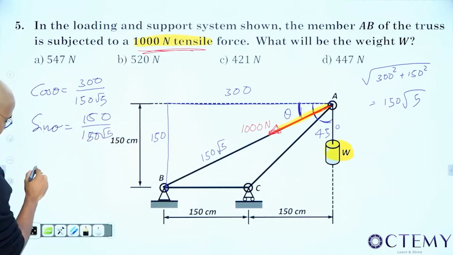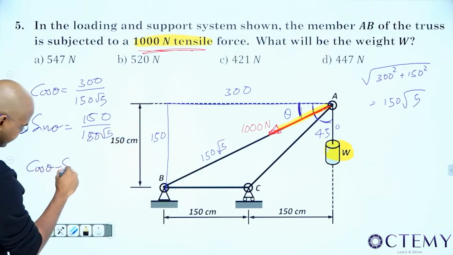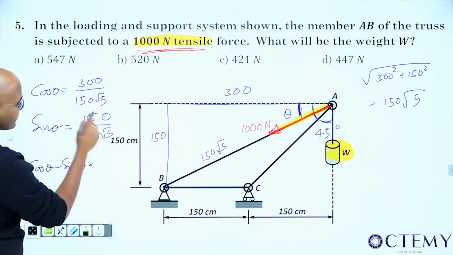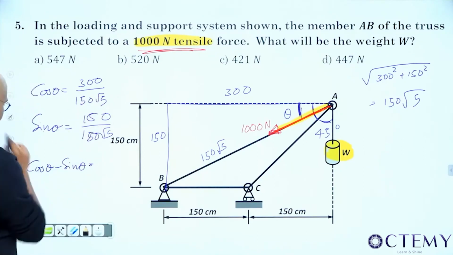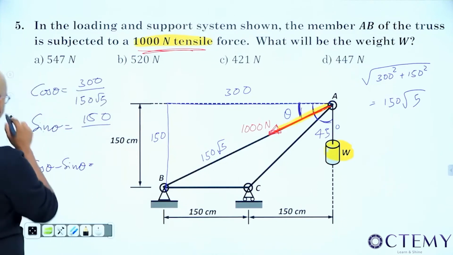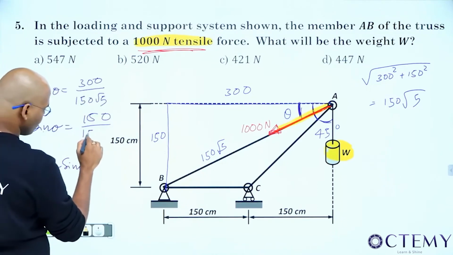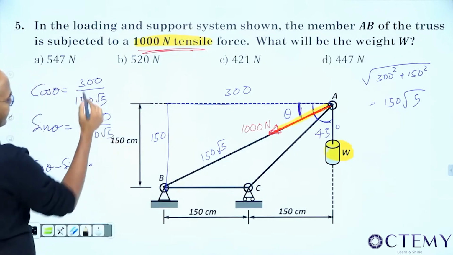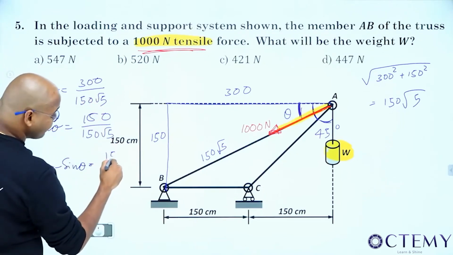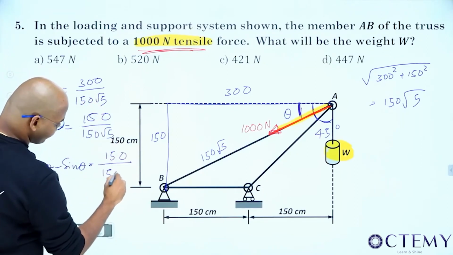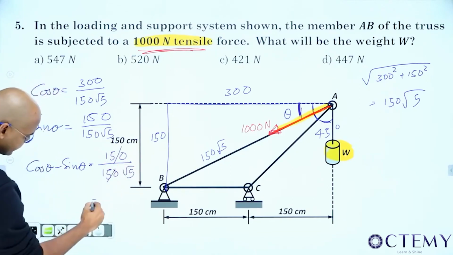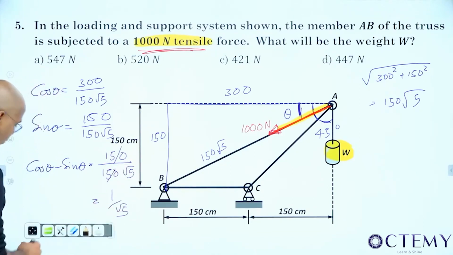So cos theta minus sin theta: 150 root 5 is common, and in the numerator 300 minus 150, that is 150, by 150 root 5. 150 gone. So cos theta minus sin theta is 1 by root 5.